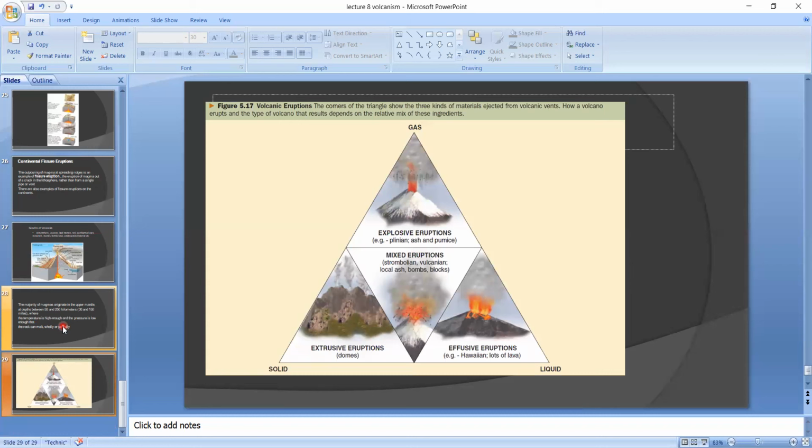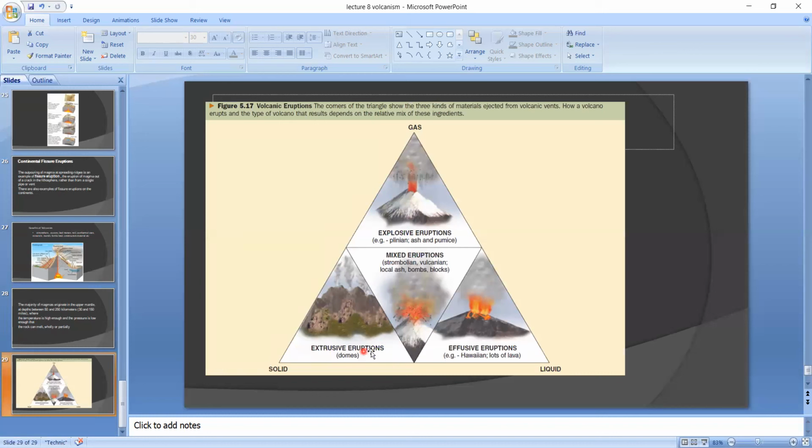So on the basis of the product the volcano is erupting, we name the eruption. If it is erupting only gas, we will say it's explosive eruptions, and the product would be plinian, ash, and pumice. If it's erupting liquid, you will say effusive eruptions, and lava will come out.